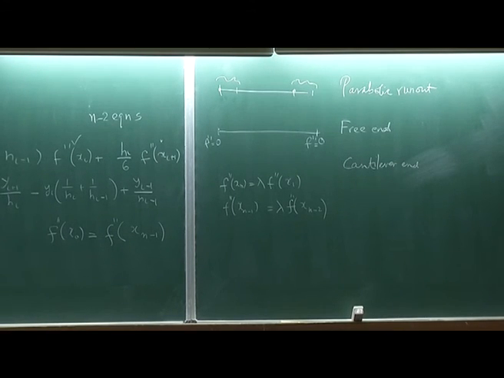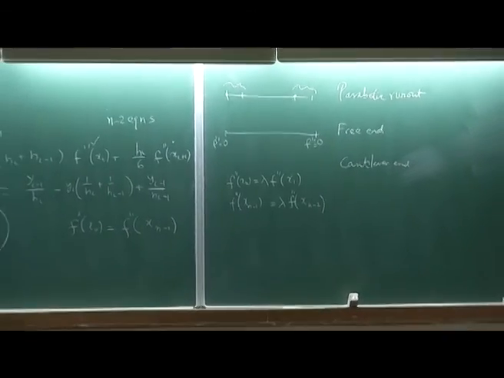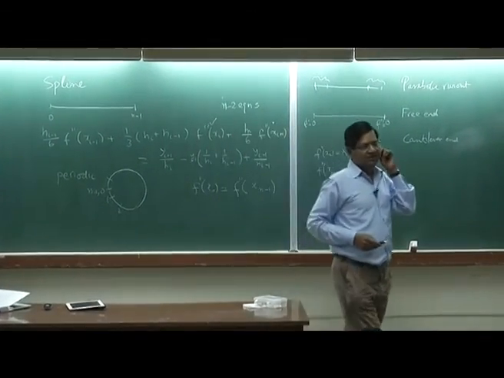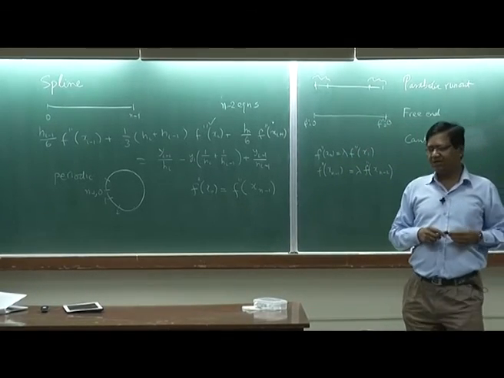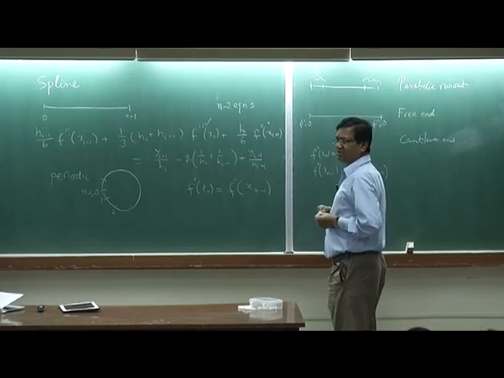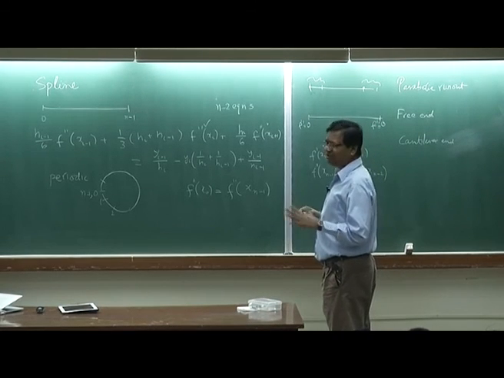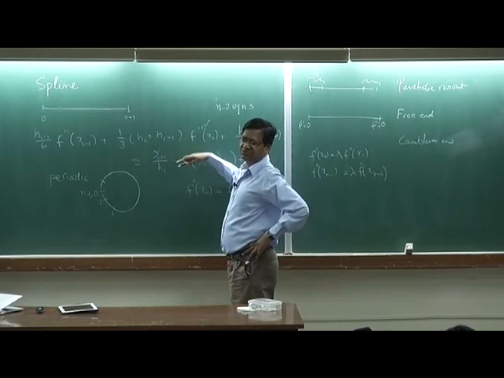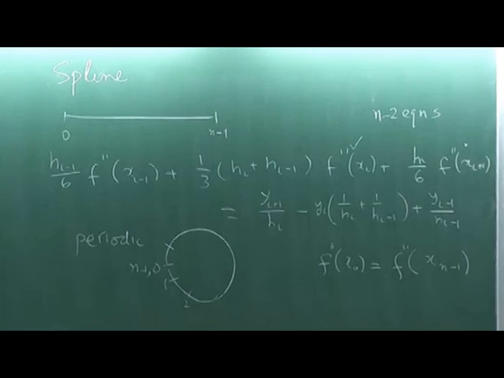For the periodic case, we need only 1 condition. And they are solved by solving the tridiagonal matrix, which we will cover in a later part of the course. For you right now, use 4 points and do the homework. With 4 points, you need only to solve 2 equations. Okay, so please do the homework.